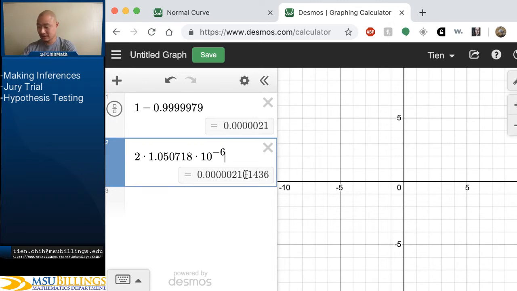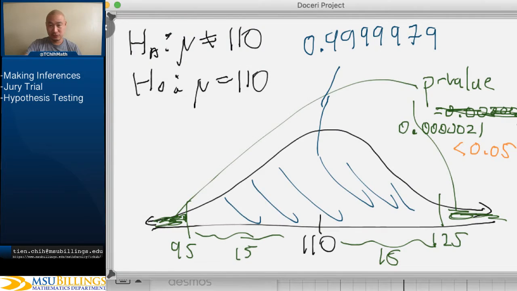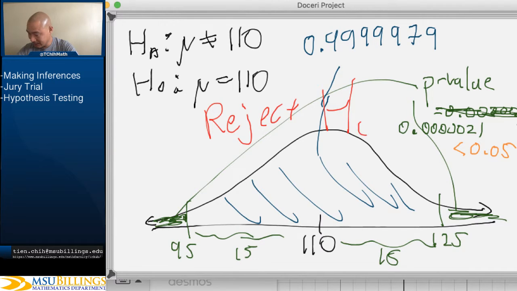So in this case, we would reject H naught. We're definitely less than the 5%, so we're good. And that basically demonstrates in practice the theory and reasoning behind the methodology for hypothesis testing.